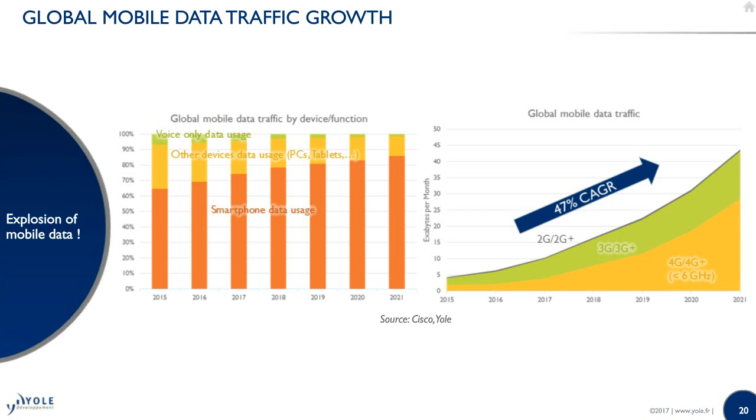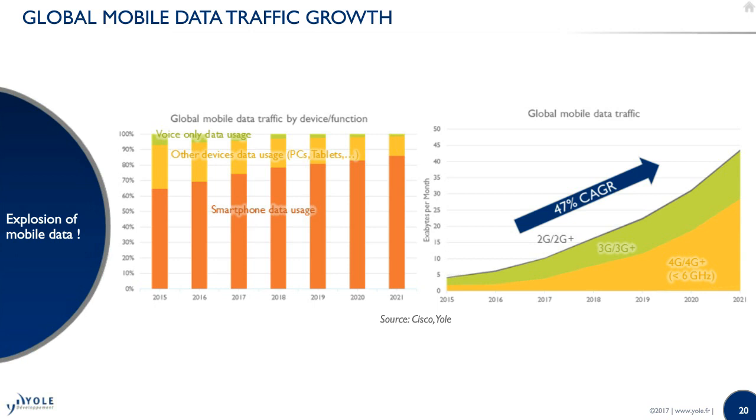Just as an introduction, before we really go into serious technology topics, let's have a look at the global mobile data traffic worldwide. You will see with this picture that last year, in 2016, there was a huge amount of global data traffic.